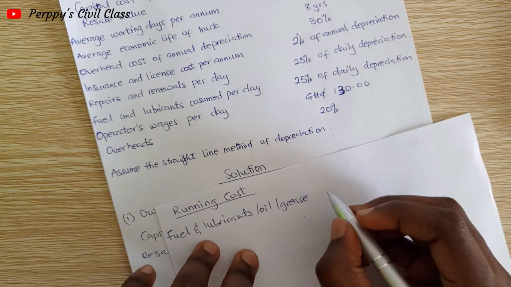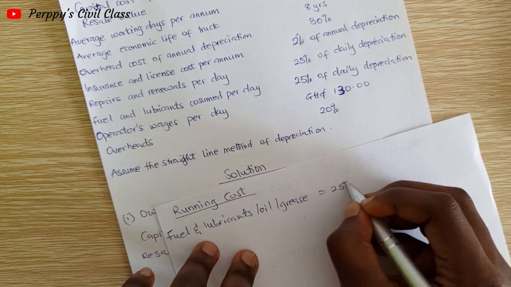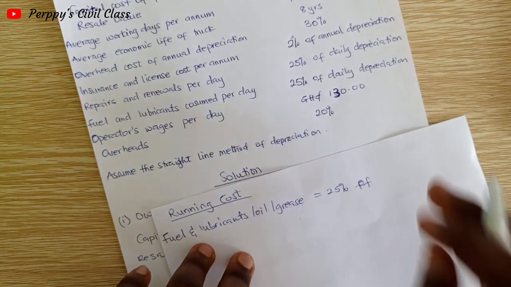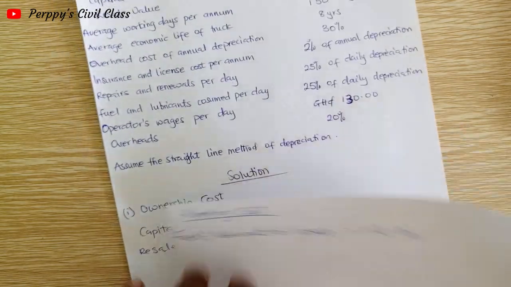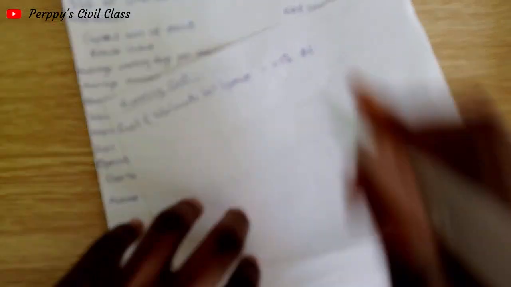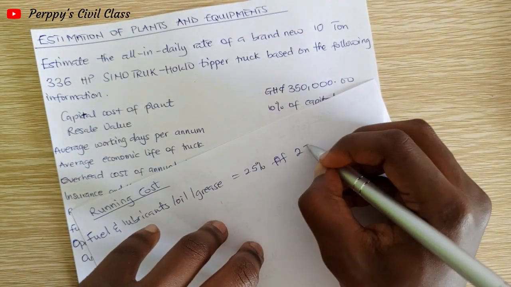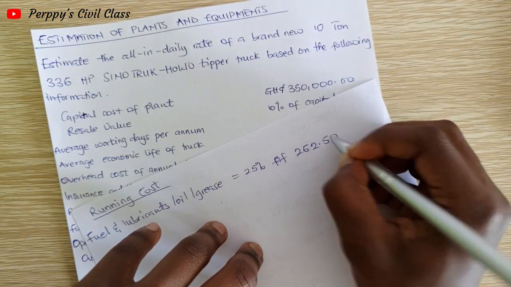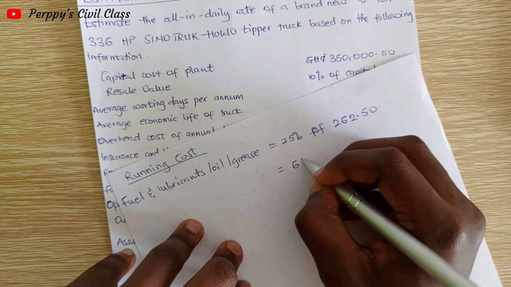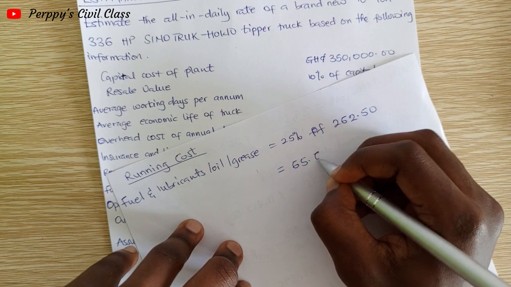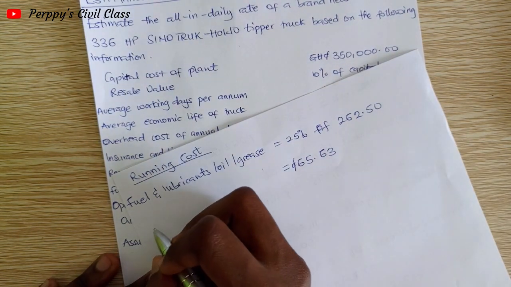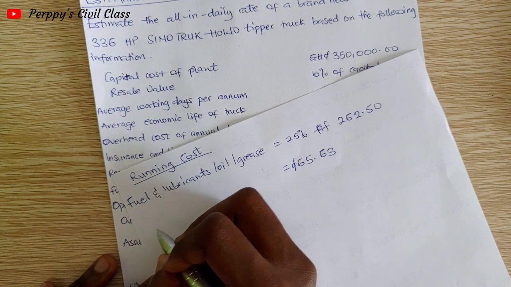So 25% of the daily depreciation, 262.50, gives us 65.63 Ghana cedis. This is the total running cost per day.